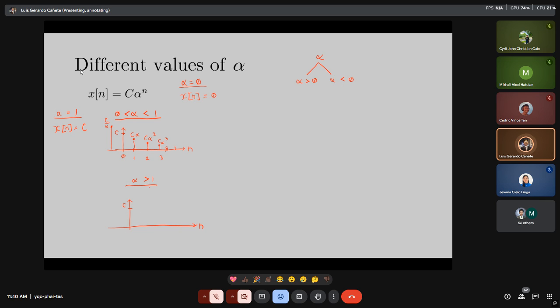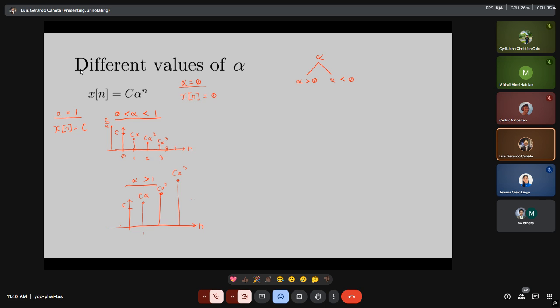Now, when alpha is greater than 1, then whatever that value is, when n is equal to 1, the value at that point is going to be greater than C, right? And then the next one is going to be that amount greater than C alpha. So that means C alpha squared. And then that's the next one. It's going to be much greater still. That's C alpha cubed, and so on and so forth.